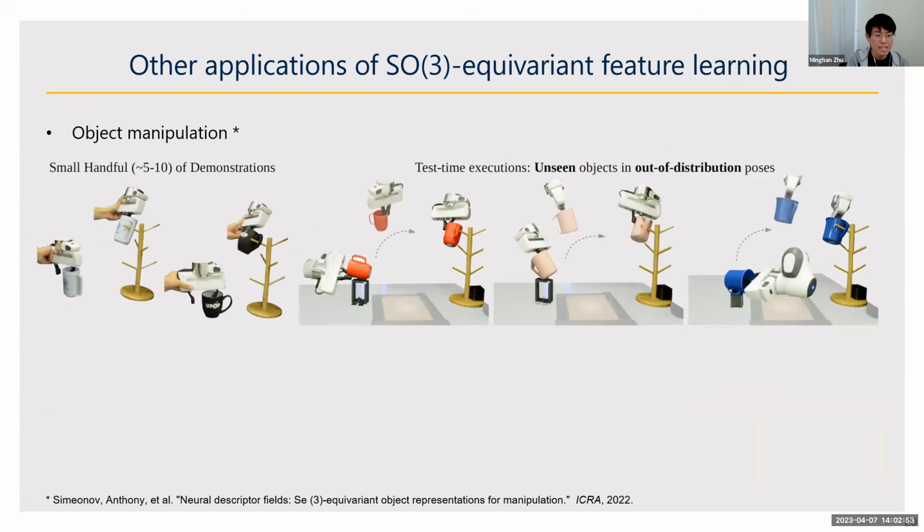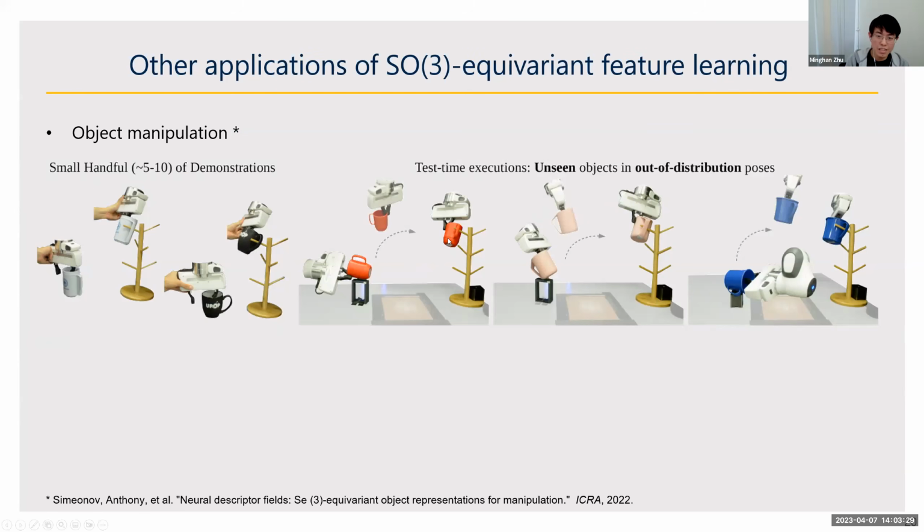Here the task is that there's an object, for example, a mug, and a robot arm or robot hand, and we show the robot how to grasp an object several times in some poses, and then in test time we ask the robot to grasp an unseen object in out of distribution poses, which is to grasp mugs that are unseen before in unseen poses as well.